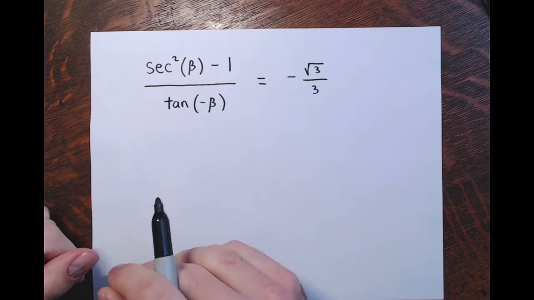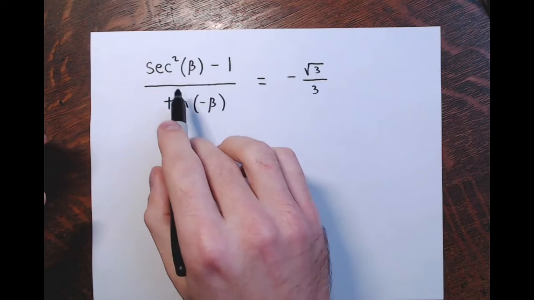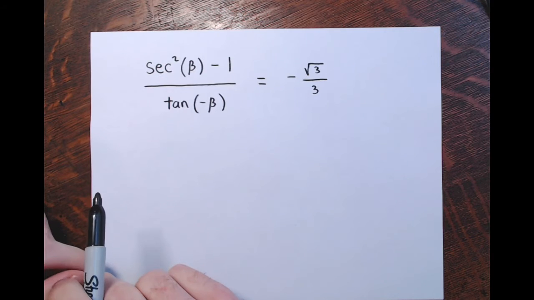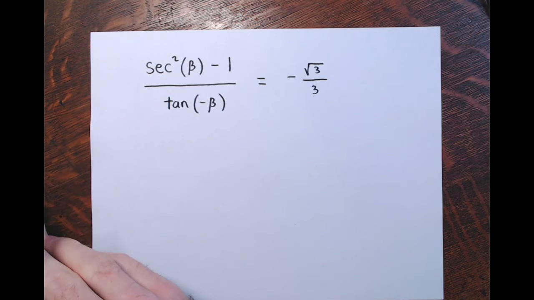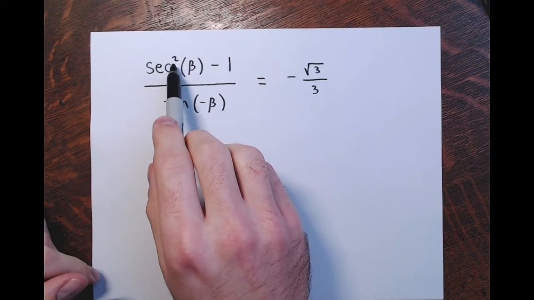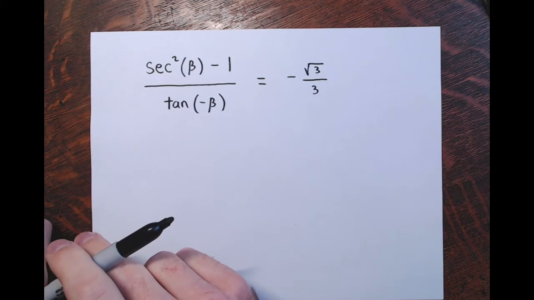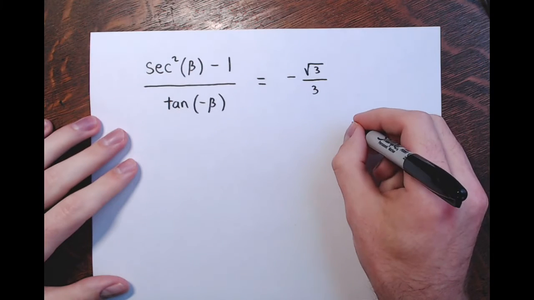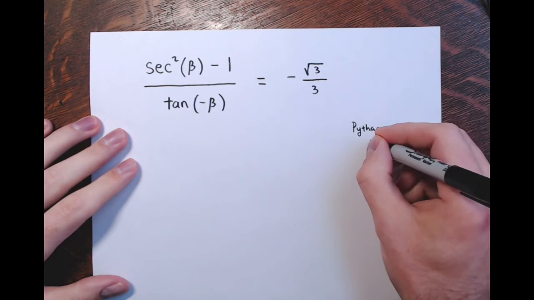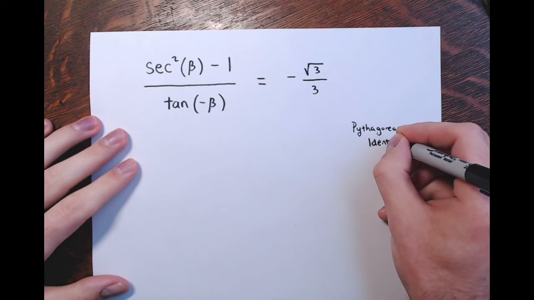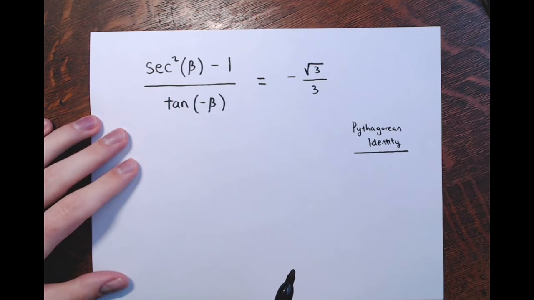So this is a pretty hairy looking equation. You've got some fractions and roots. There are two different types of trig functions here. But one thing to look out for, whenever you see a trig function squared, there's a good chance you can bring one of those Pythagorean identities into play. The one in particular I'm thinking of is the one involving secant squared and tangent squared.